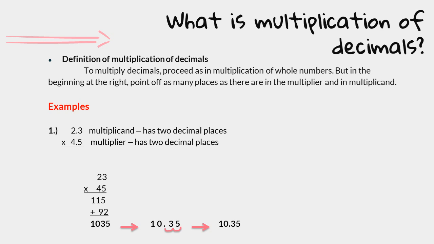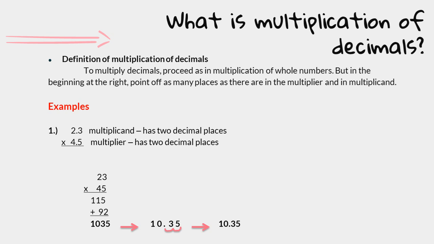And then, i-multiply muna natin sila in the usual way. 5 times 3 is 15. Carry 1. 5 times 2 is 10, plus 1 is 11. Next, 4 times 3 is 12. Carry 1, then 4 times 2 is 8. 8 plus 1 is 9. Then let's add.